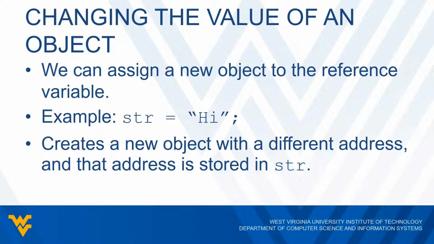This will create a new object, and this object will have a different address than the memory cell that contained hello. And we store that address in str. This is the equivalent of changing the value of str, because technically we're changing the address of where our data is stored. So now we're looking at a completely different location in our memory for the string that we want.